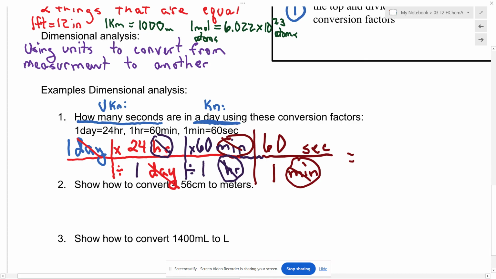I've shown all the work I need to show. I've got all the dimensional analysis set up. I get my calculator and I just do 1 day times 24 hours divided by 1 day times 60 minutes divided by 1 hour times 60 seconds divided by 1 minute. And you're welcome to go get a calculator.